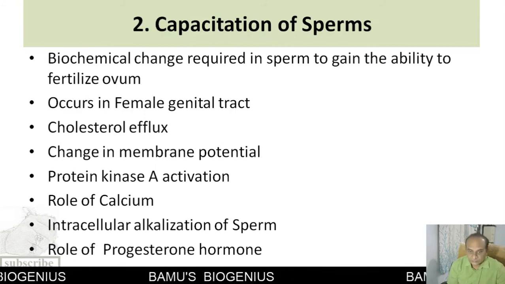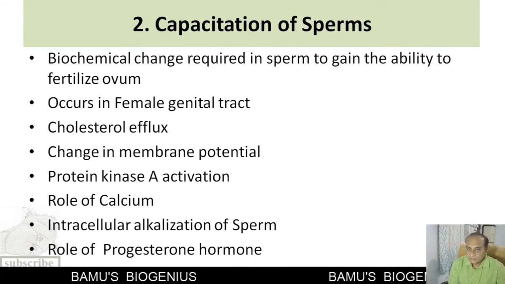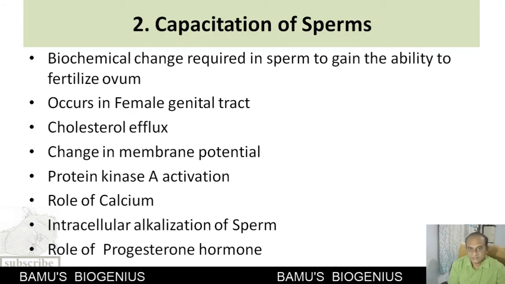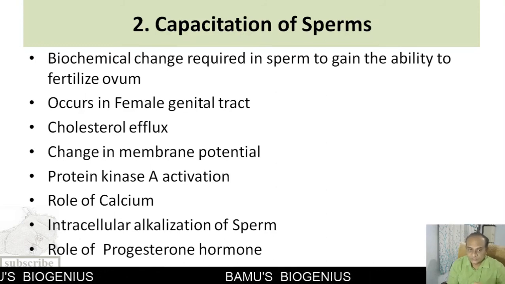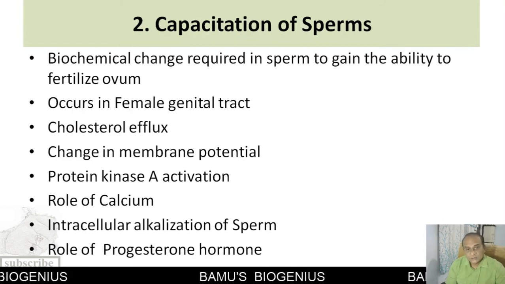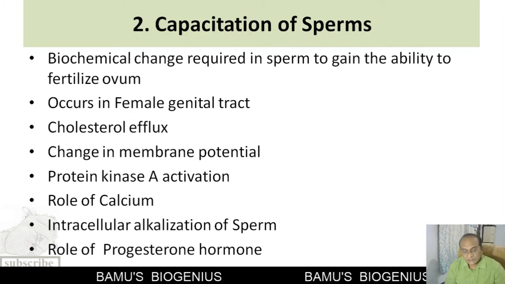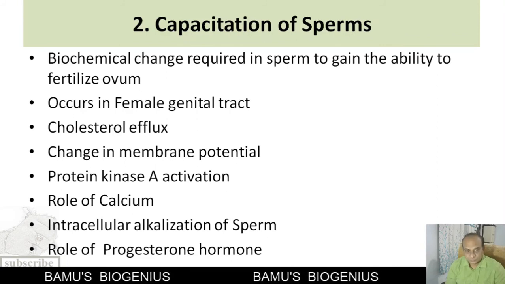So the acrosomal membrane and the plasma membrane of the sperm are fusing at that particular point when the calcium level rises, and because of that, the content of the acrosome is poured outside the sperm. So this is the role of calcium. Now, another role is that because of all these openings of the channels, the intracellular alkalization of the sperm also takes place, and that also helps in the acrosome reaction.